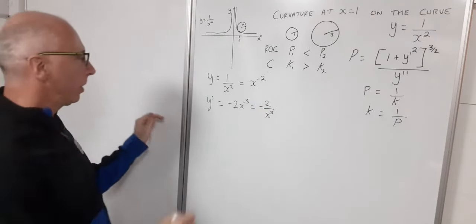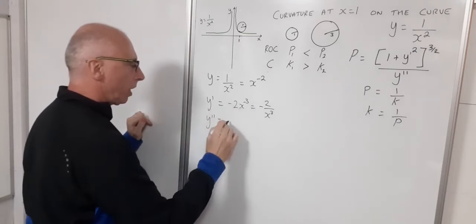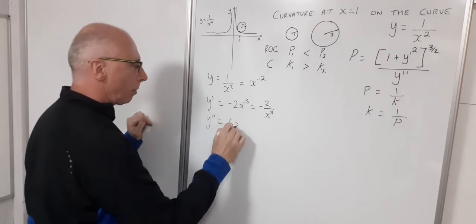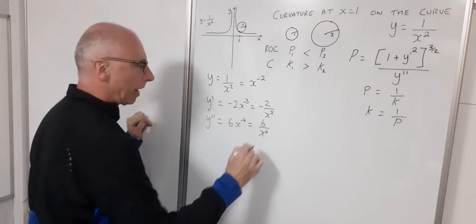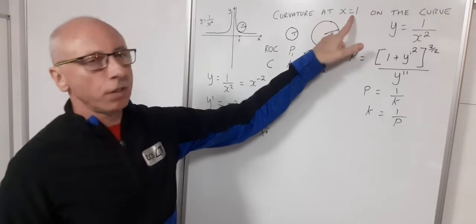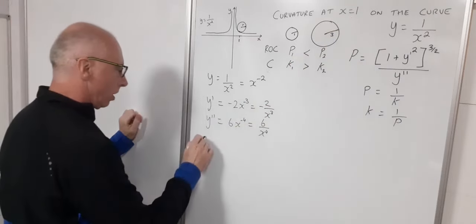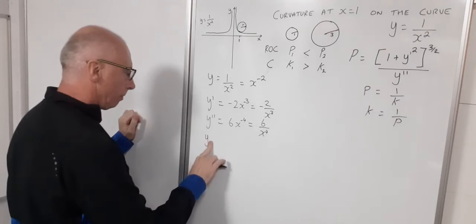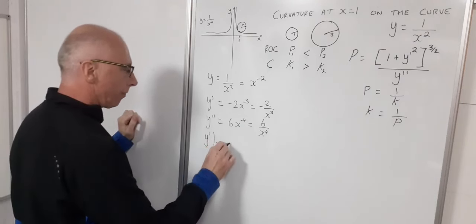And then the second derivative is just the derivative of this. So now minus 3 times minus 2 gives me 6. Drop the power by 1. So now I've got 6 over x to the 4. Now we're interested in the curve at x equals 1, so we need to evaluate these at x equals 1. So I want y prime at x equals 1.